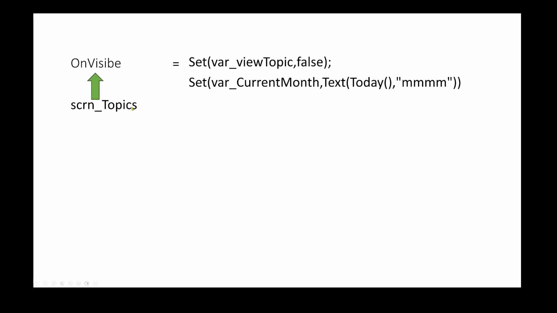So with the topics screen selected, I will go to its OnVisible property, and I'm going to execute two functions. I'm going to set a variable called viewTopic to false, and I am going to set a variable that I'm going to call current month to the text value of today's month.